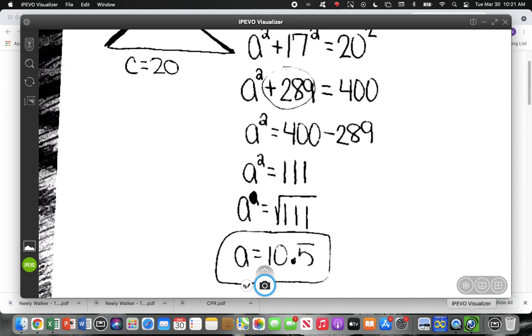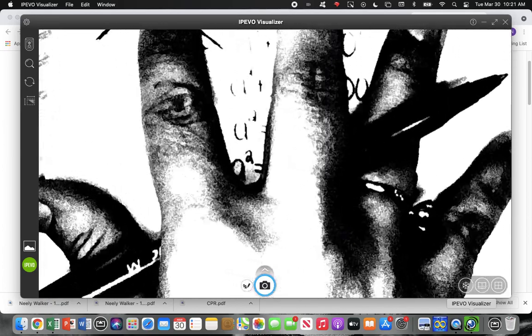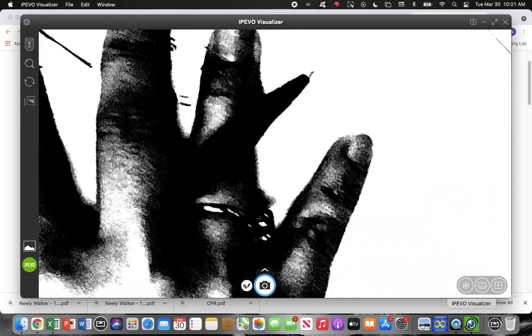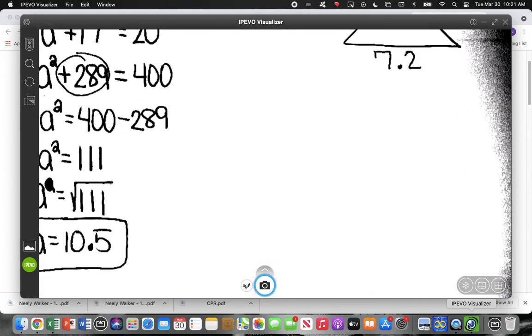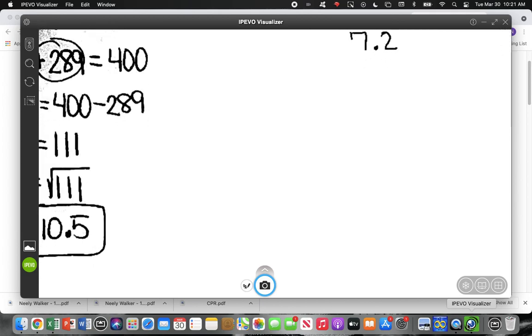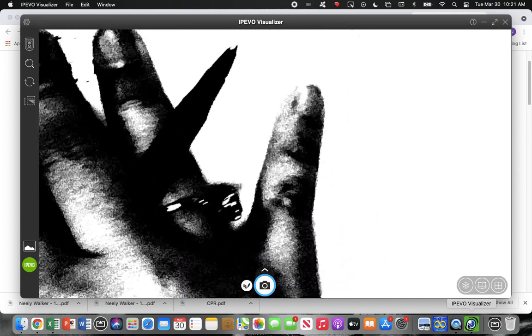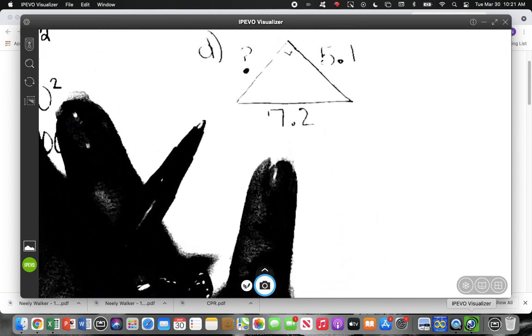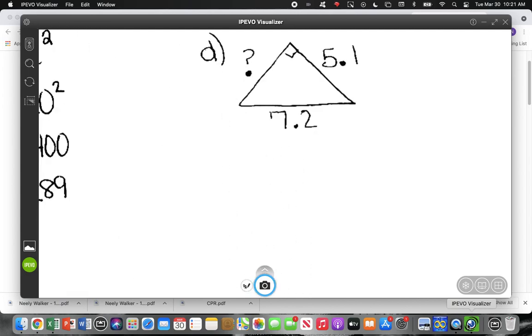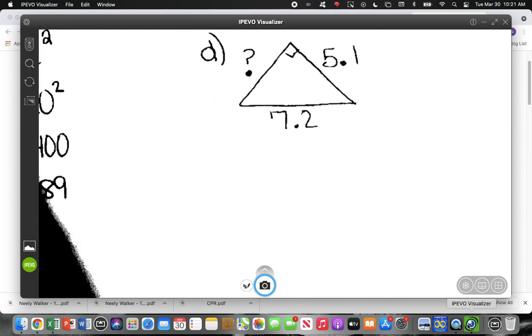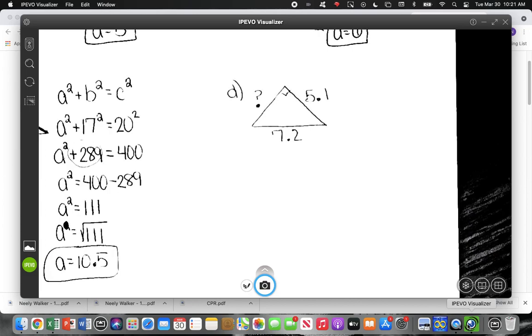Now, just like we did yesterday, some of our questions had decimals. So let's do one example that has decimals for the side. Make sure you have your calculators because you're going to need them. Can you see that still?